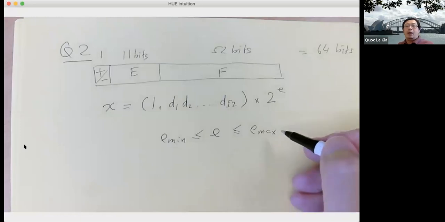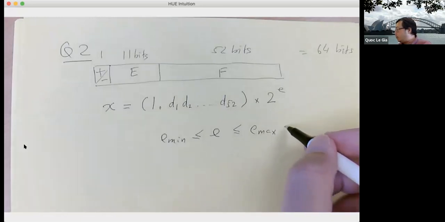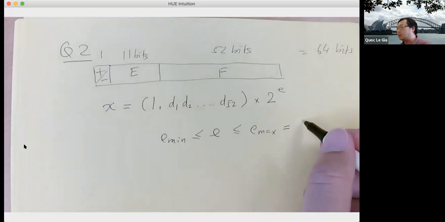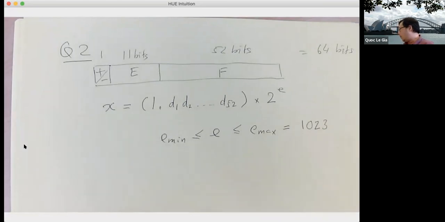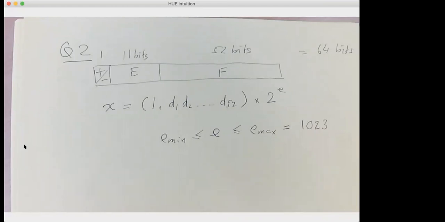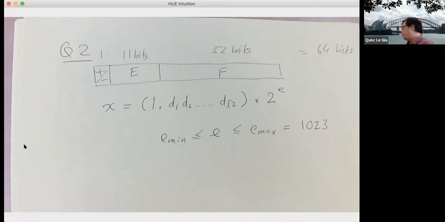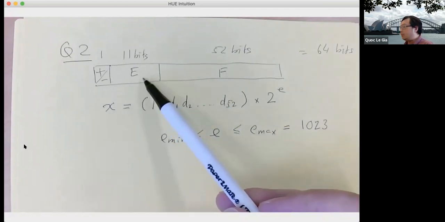If you remember the IEEE standard, then E max is 1023. This is the maximal value of the exponent. Remember, you have 11 bits for the exponent, so you can have up to 2048 possibilities.